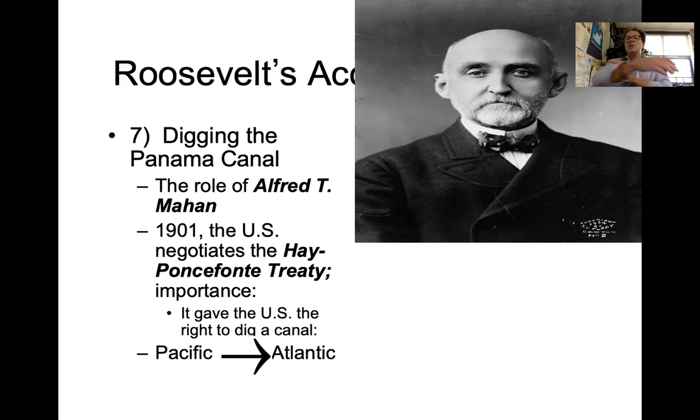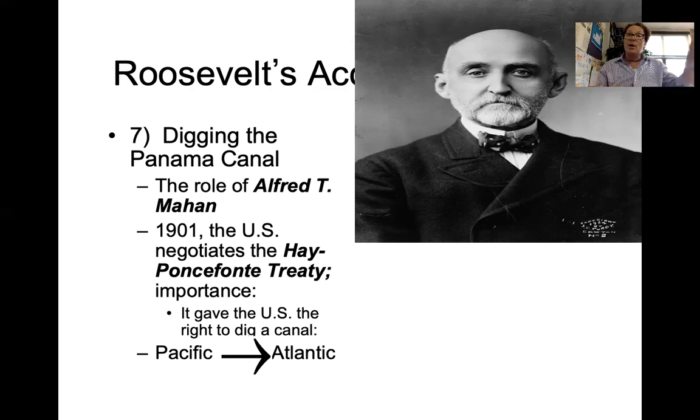And so as a result of the treaty, the United States is going to embark upon a huge engineering endeavor. What we're going to try to do is create a canal that's going to allow the Atlantic and the Pacific Oceans to connect by water.